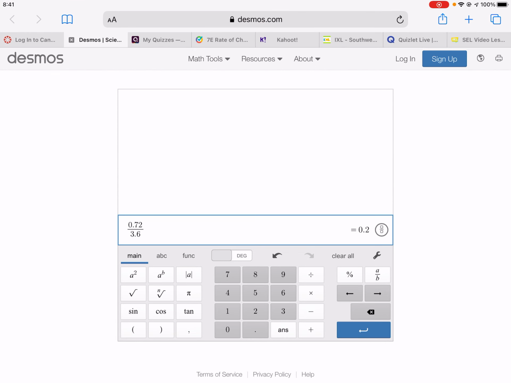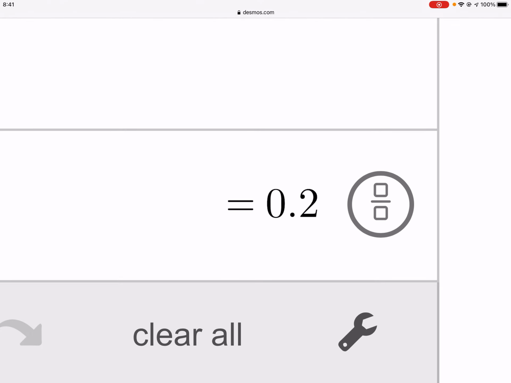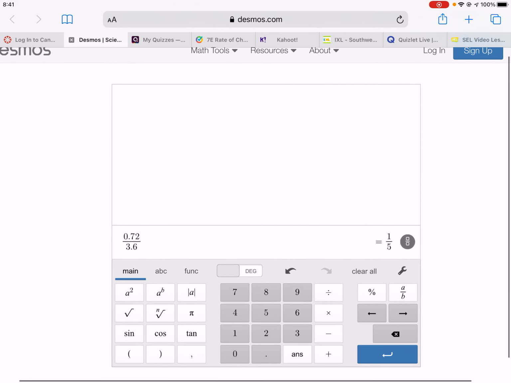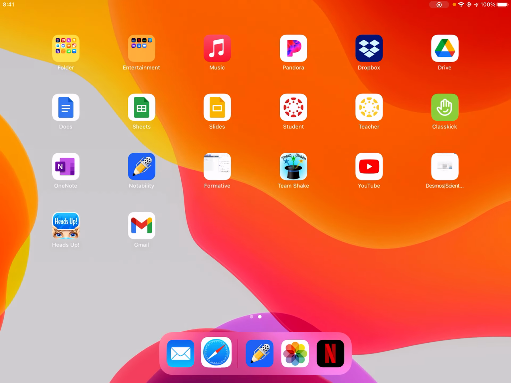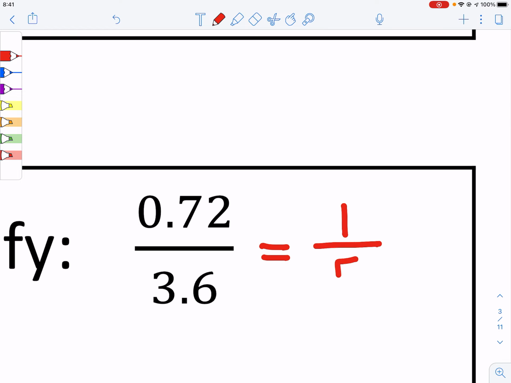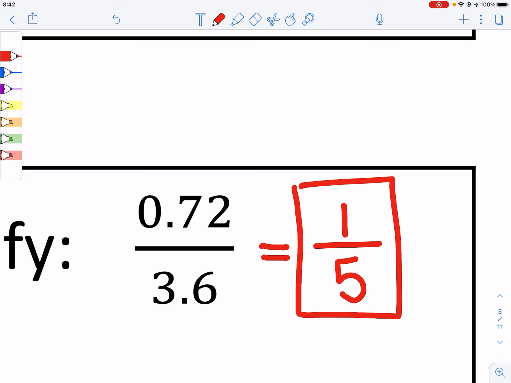So 72 hundredths over 3 6/10. Okay, I don't want that for your answer. I need it as a fraction, so push this button right next to it, and then it gives me my fraction is 1/5. So on our notes, this as a simplified ratio is 1/5.